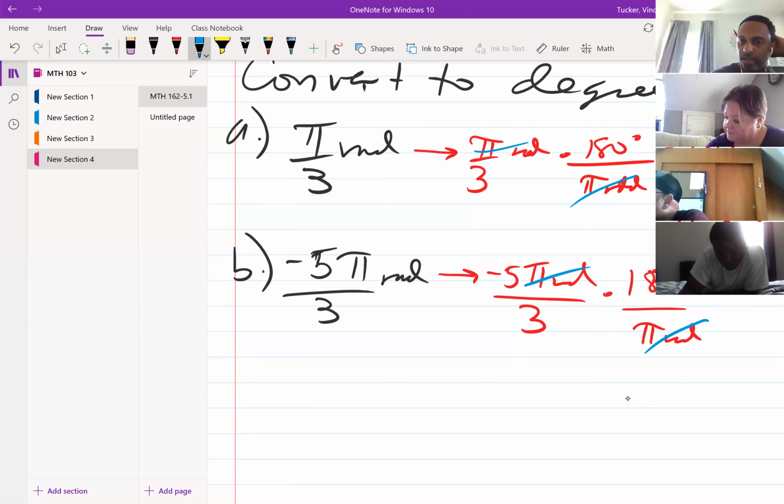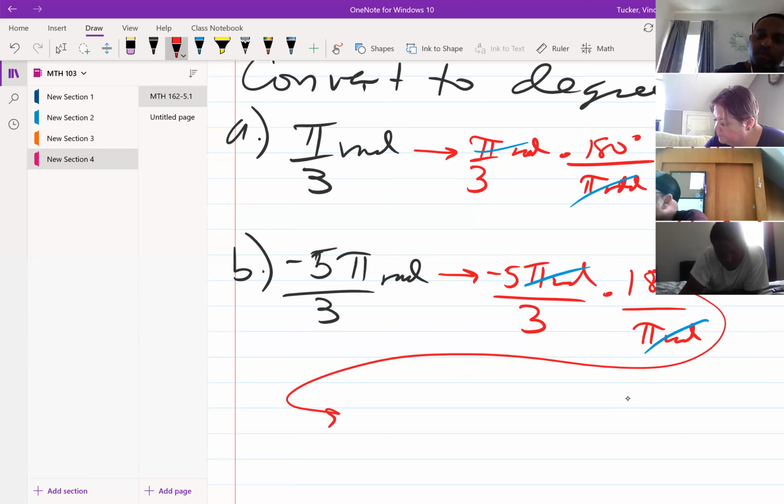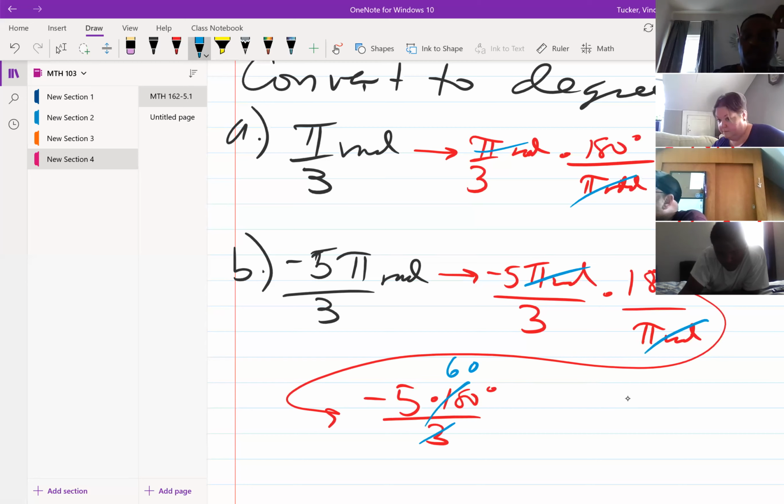So that pi radians will cancel. Looking at negative 5 times 180 divided by 3. Instead of multiplying that 5 and 180, cancel out that 3 that's in that 180, that's 60. And of course, you can throw it on the calculator. I'm not doing it with the calculator right now, so that should be negative 300 degrees.